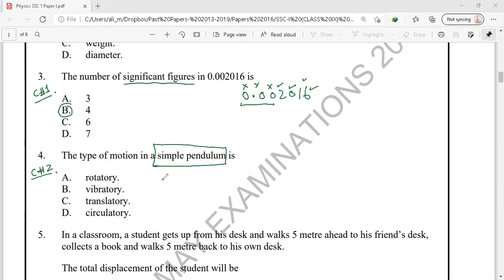So we have studied that the motion possessed by a simple pendulum is a vibratory motion, in which a body moves to and fro around a fixed point or around a mean position. This type of motion is known as vibratory motion. So, a simple pendulum has vibratory motion. The correct option for this question is option B.